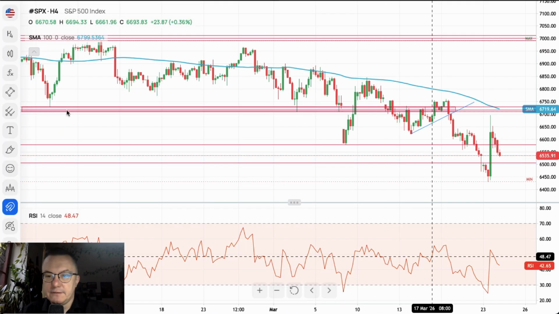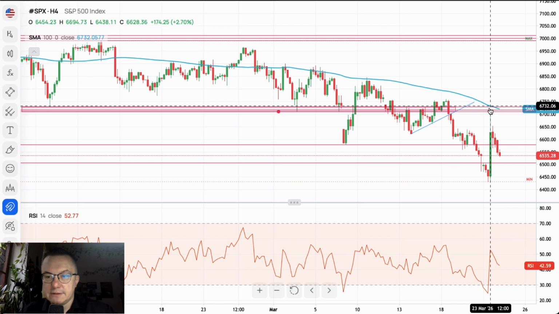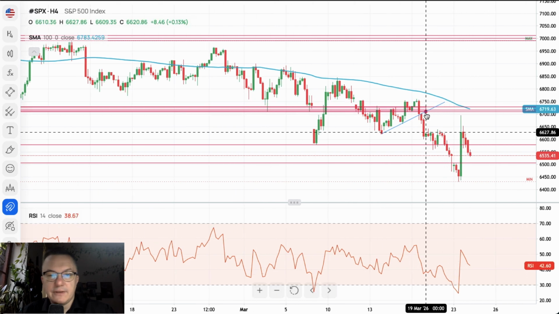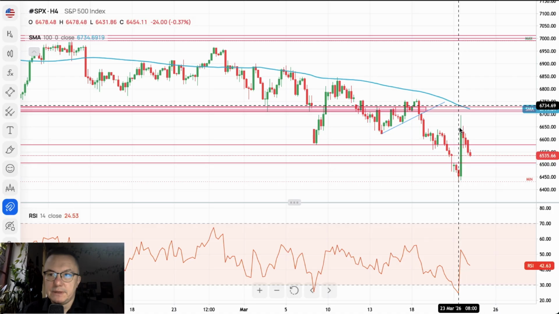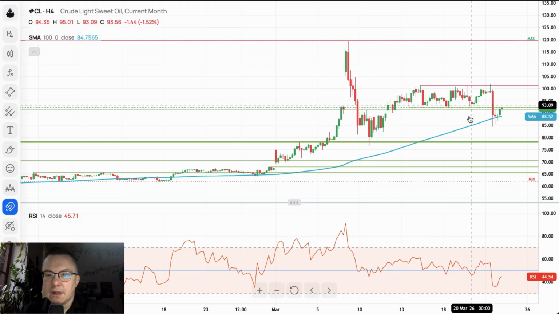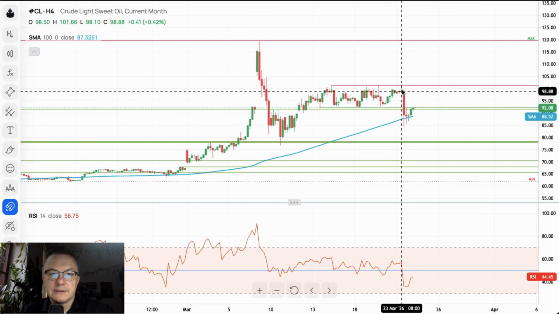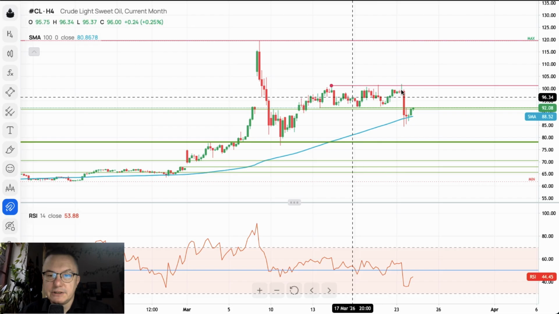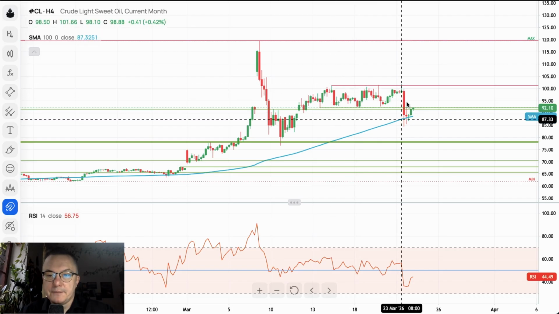S&P 500, big bounce to the upside yesterday, almost touching the supply zone, the same famous supply zone that was violated. Nevertheless, for today, it's already being sold across the board. So the bears are back. Crude oil, big smash to the downside after 101.61 rejection yet again. So this is definitely our level to keep an eye on.